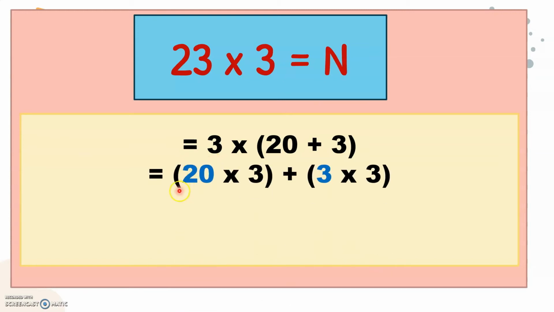So we'll have 20 times 3 plus 3 times 3. So 20 times 3 is equal to 60, plus 3 times 3 is equal to 9. And 60 plus 9 is equal to 69. Therefore, 23 times 3 is equal to 69.